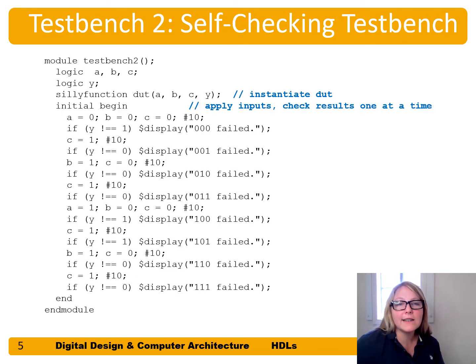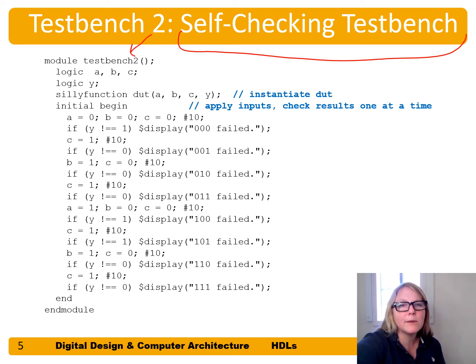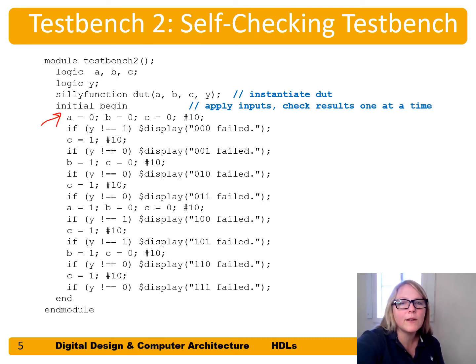This is the second test bench. We're going to use a self-checking test bench. And so this part looks the same. Renamed it Testbench2, but everything up here is the same. And now this initial block occurs at the beginning of the simulation. And so now, in addition to setting the input values, A, B, and C are 0, and then waiting 10, we also check the output.